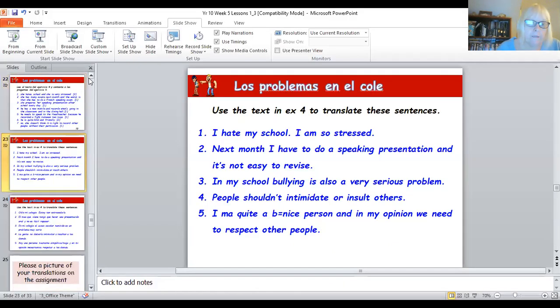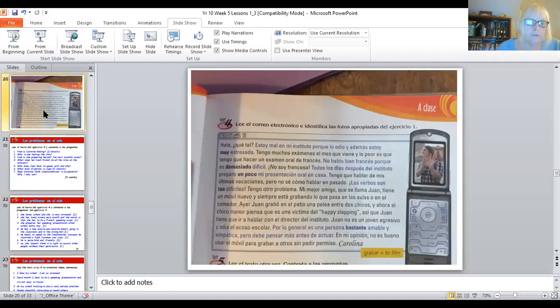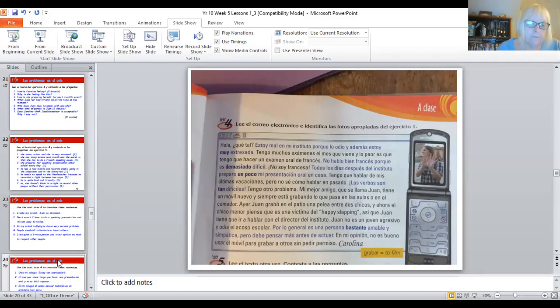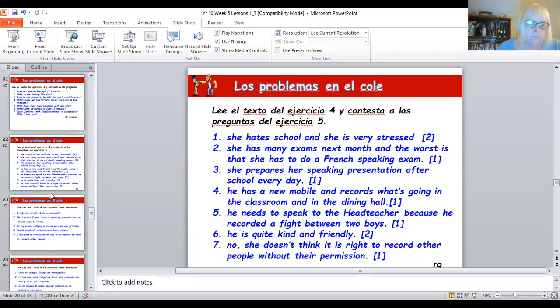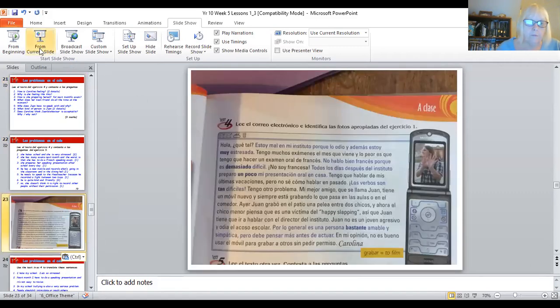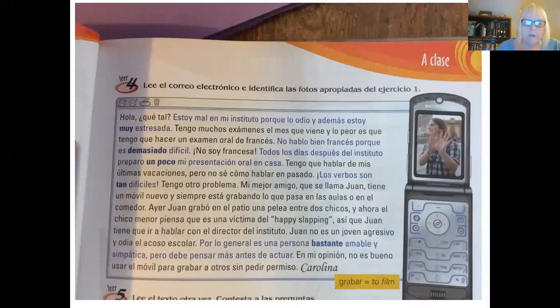If I go back and just copy that and move another one down here. Okay, so here we are again with this slide. I will put it back up on the screen, or you can take a picture again, maybe on your iPad, and look at it while you do the task.